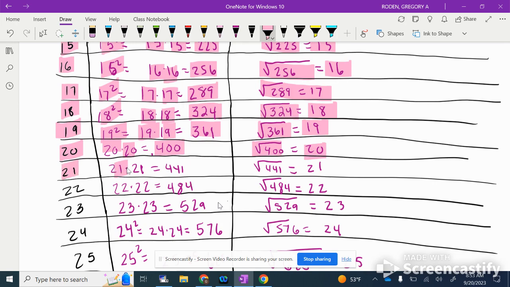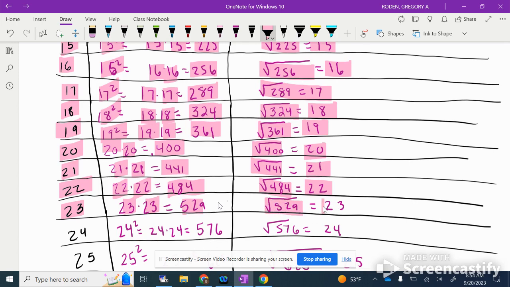21 squared is 21 times 21. 21 times 21 is 441. The square root of 441 is 21. 22 is 22 times 22, which is 484. The square root of 484 is 22. 23 is 23 times 23. 23 times 23 is 529.